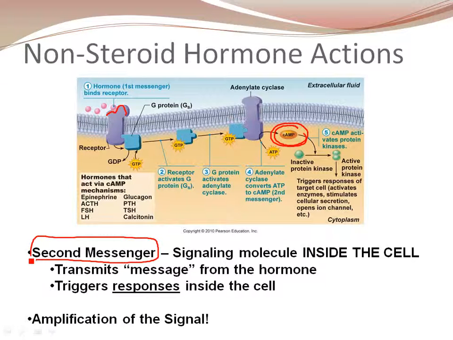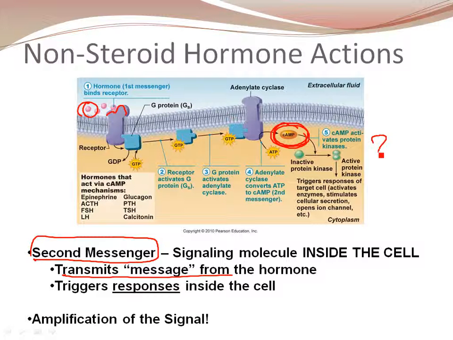They're going to continue to carry the signal of the endocrine hormone into the inside of the cell. The hormone itself could not get across the plasma membrane, so it needs to trigger the generation of what we call a second messenger, that's going to cause responses inside the target cell. So it's transmitting that message from the hormone.